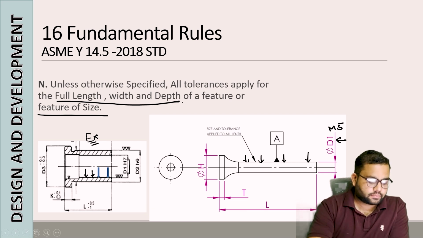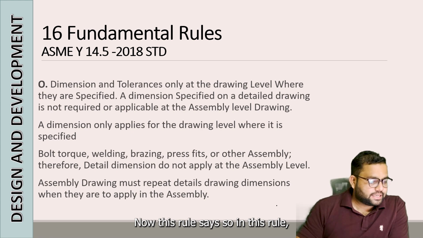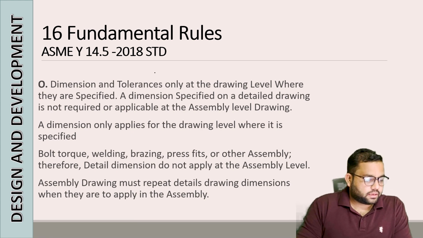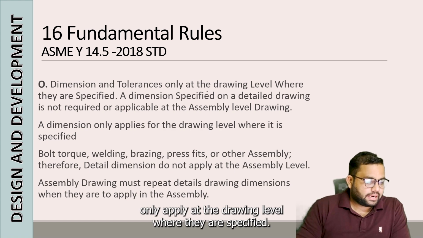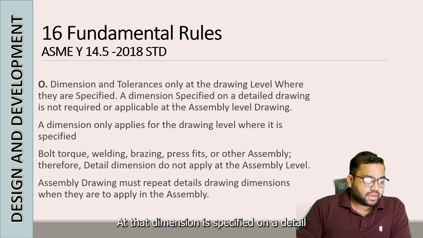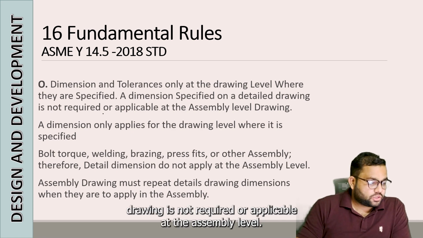length, width and depth. Now this rule says that dimensions and tolerances only apply at the drawing level where they are specified. A dimension specified on a detailed drawing is not required or applicable at the assembly level drawing.